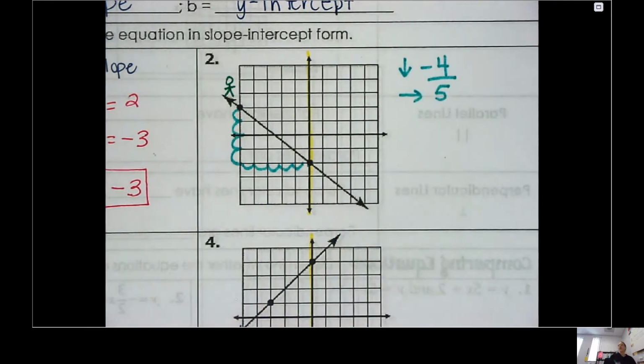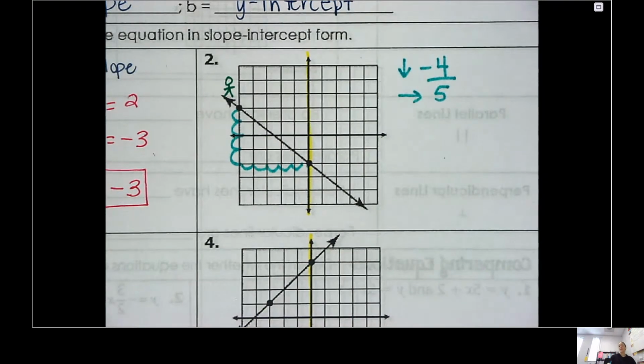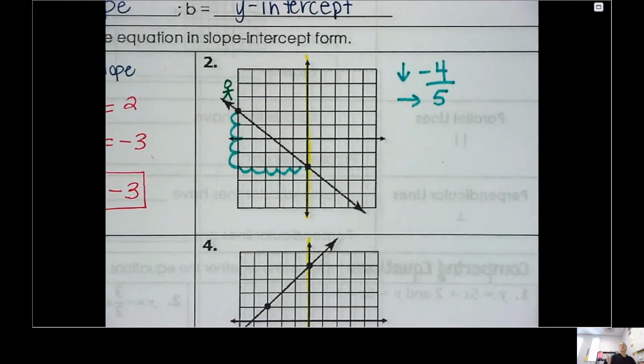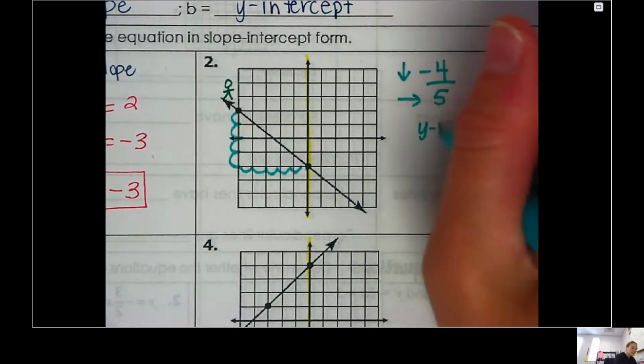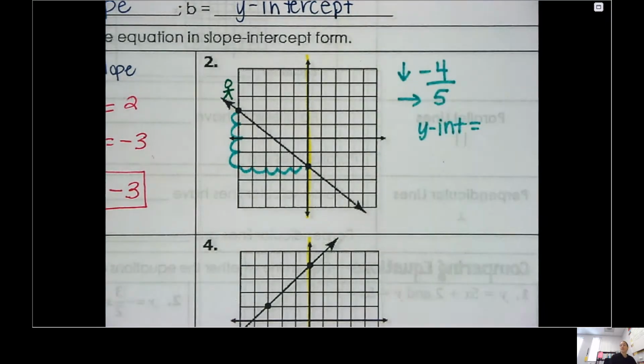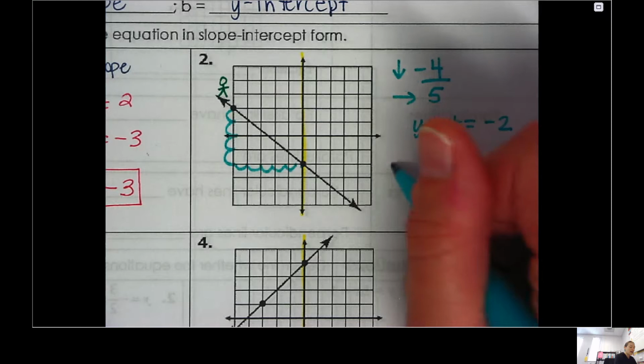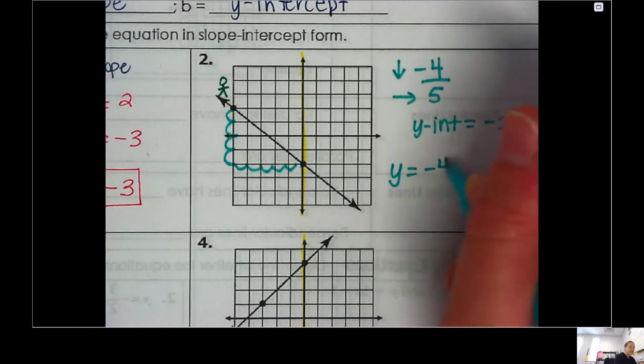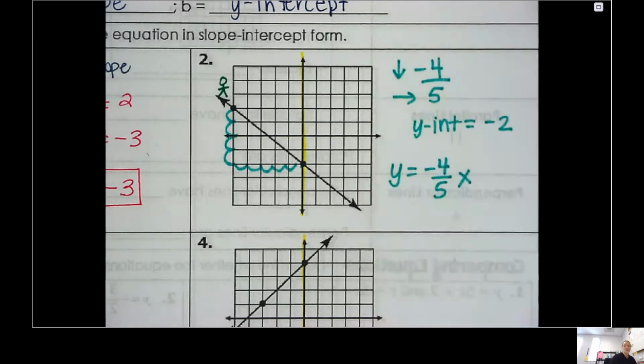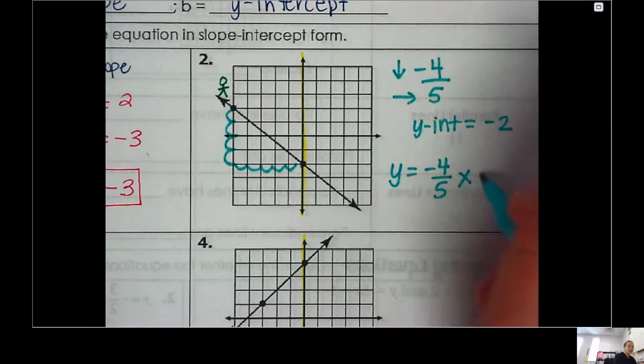So there's your slope, negative 4 over 5. At what point do you cross the y-axis? At what number? Negative 2, good. So when you go to write the final equation, it's y equals negative 4/5 x, there's my slope, minus 2.